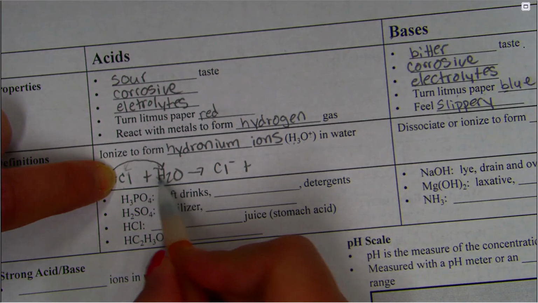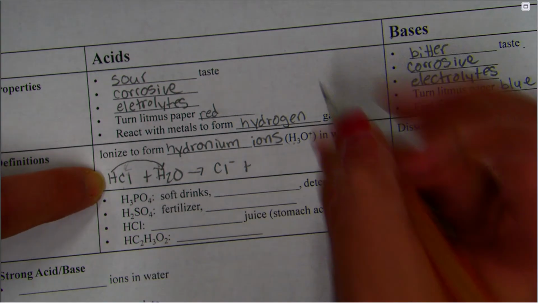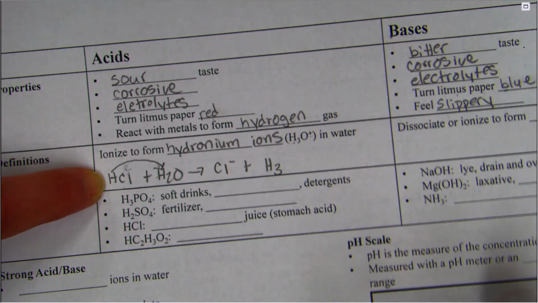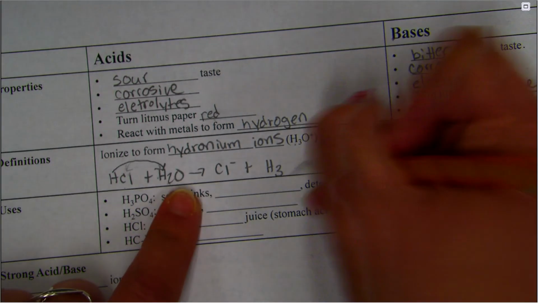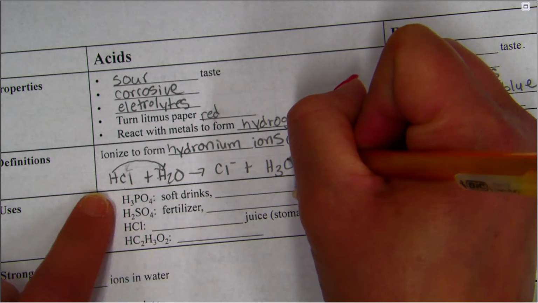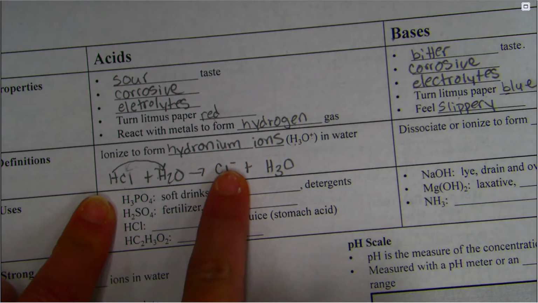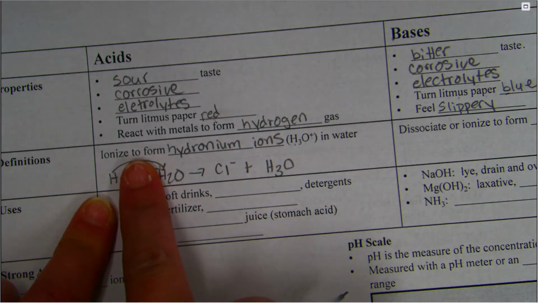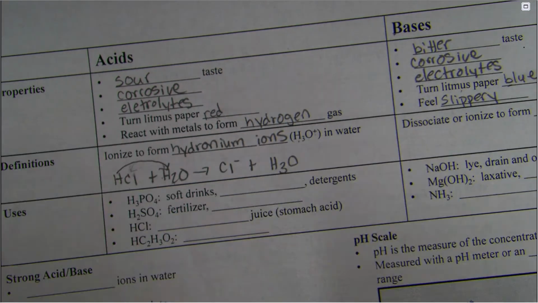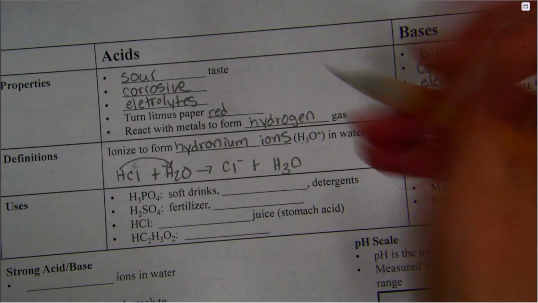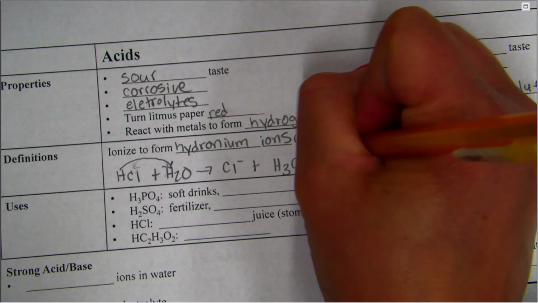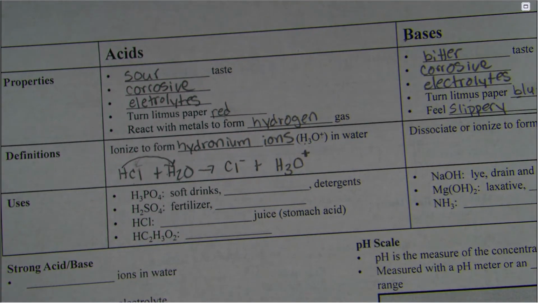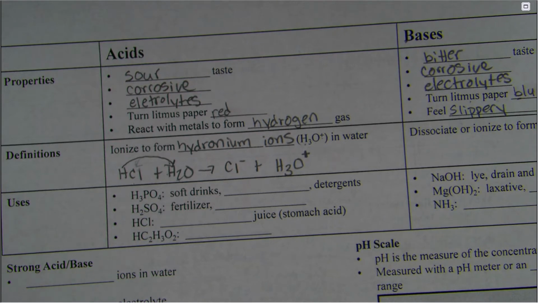If I start with 2 hydrogens and I add an additional hydrogen, I now have 3 hydrogens plus the oxygen. Now, if chloride is a negative, hydrogen has to be a positive because we know opposite charges attract. So if water gains a positively charged particle, it becomes positive. And this is how acids work.